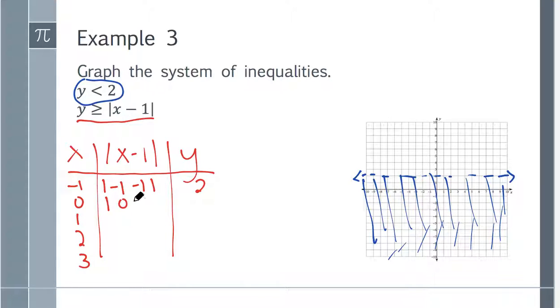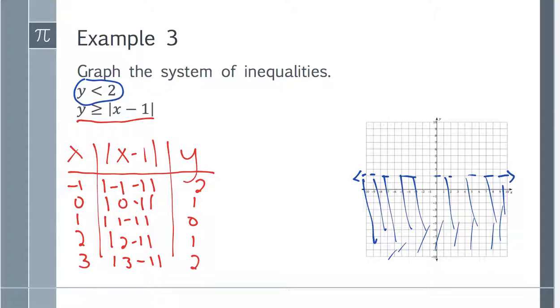The absolute value of 0 minus 1 gives 1. The absolute value of 1 minus 1 gives 0. The absolute value of 2 minus 1 gives 1. And the absolute value of 3 minus 1 gives 2. Plot those points. We have -1, 2. I graphed that wrong. Let me fix it real quick.